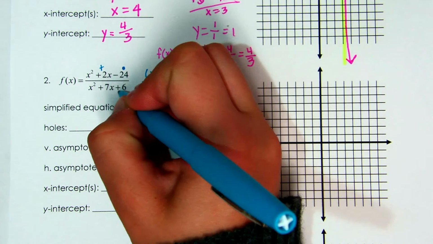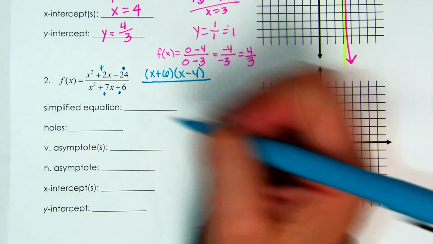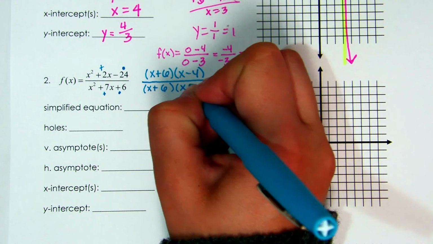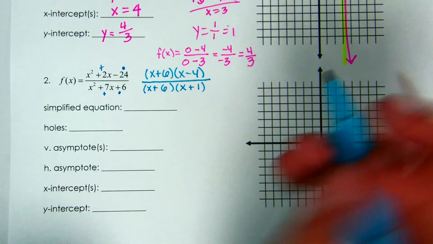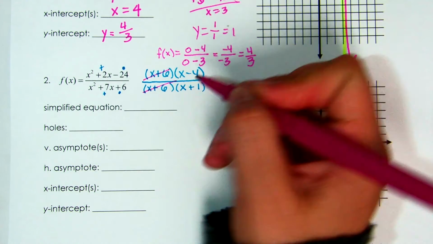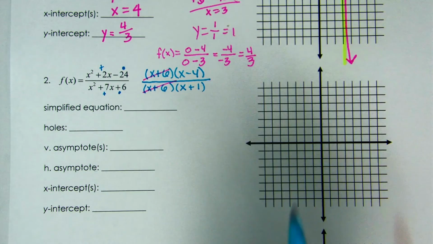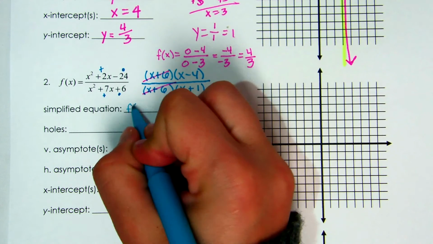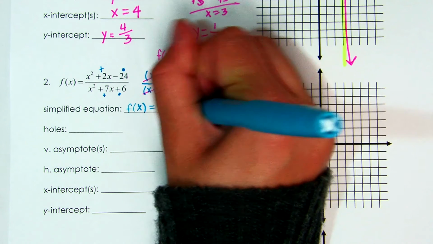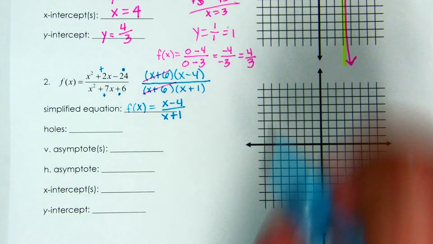On the bottom, multiply to 6 and add to 7 is going to be 6 and 1, x plus 6 and x plus 1. The ones that match, x plus 6, are going to cancel and go away. So my simplified equation is f of x equals x minus 4 over x plus 1.